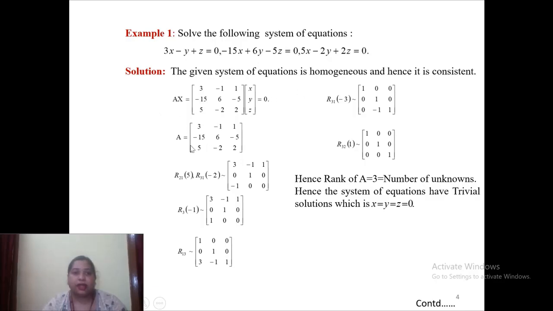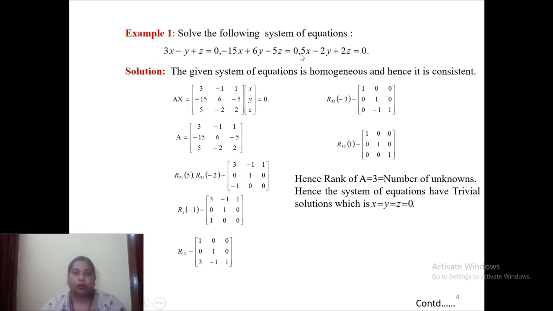So we can write A as 3, minus 1, 1 in the first row, minus 5, 6, minus 5 in the second row, 5, minus 2, 2 in the third row. The value of B is 0, so we only need this coefficient matrix A.